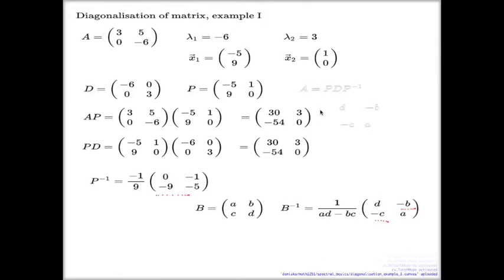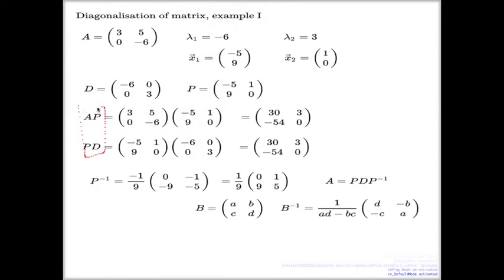So this is the inverse, or a simpler version of the inverse if you just take care of negatives. And I can be absolutely sure that not only this identity holds, AP equals PD, but this identity holds as well, and that's something which I call a complete diagonalization. But we don't need to check this numerically. This is true from the general consideration, and that's all there is to it.